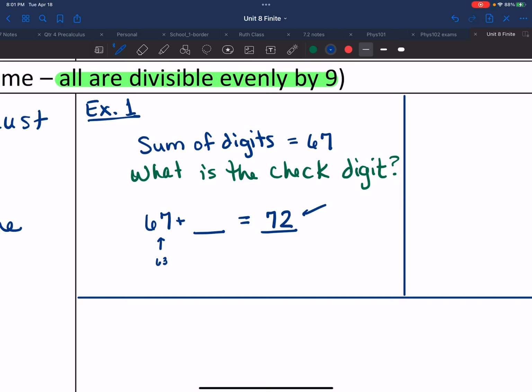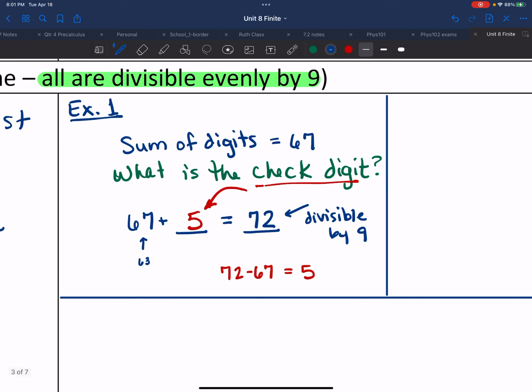So I know that this is a number that's divisible by 9. I have to come up with a number that will add to give me 72. So all I do is 72 minus 67, and that will give me the number 5. So what's the check digit? It's number 5.